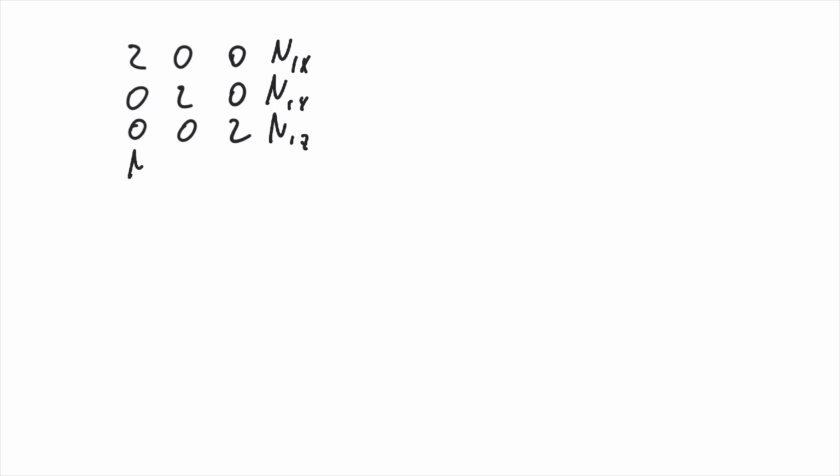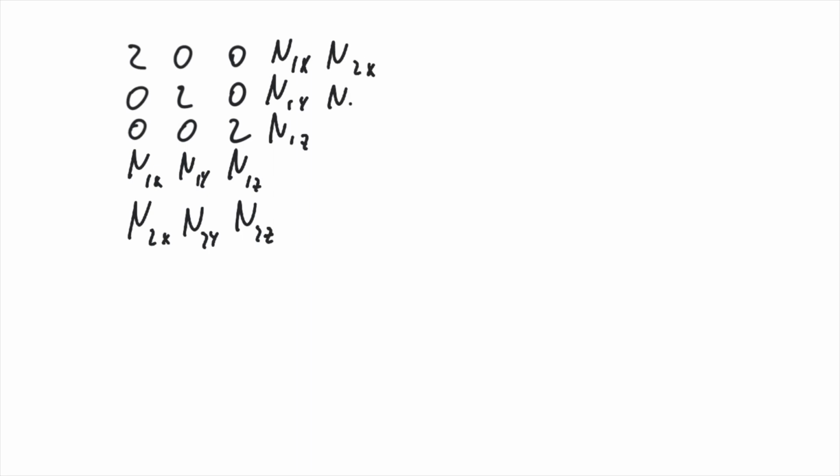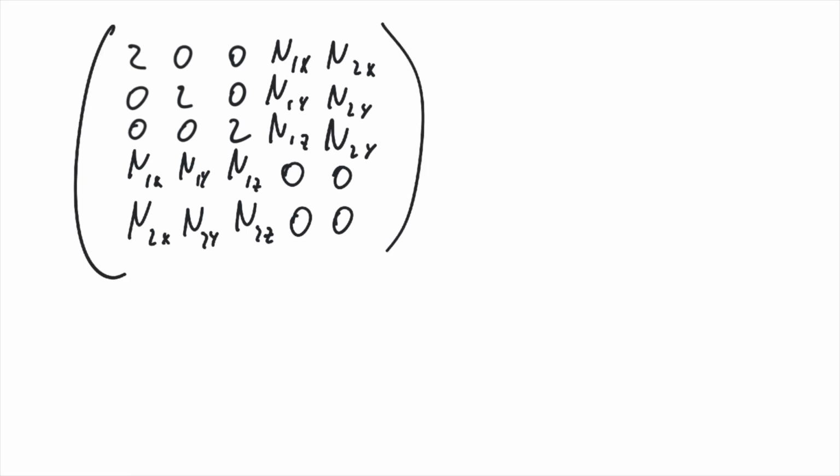The same thing here, n1x, n1y, n1z, and n2x, n2y, n2z. The same here, n2x, n2y, and simply zeros there. So this is the matrix.